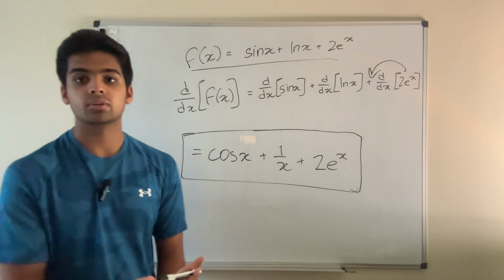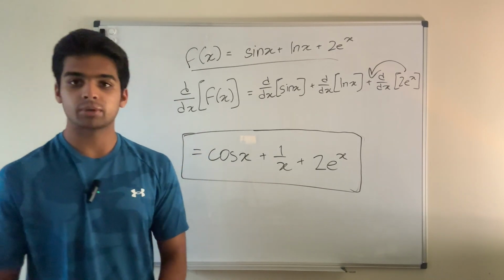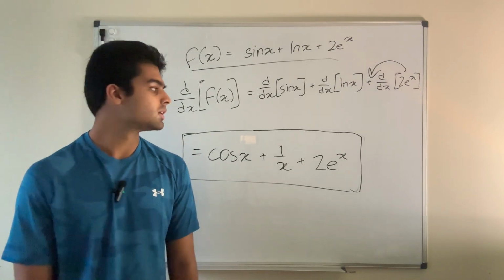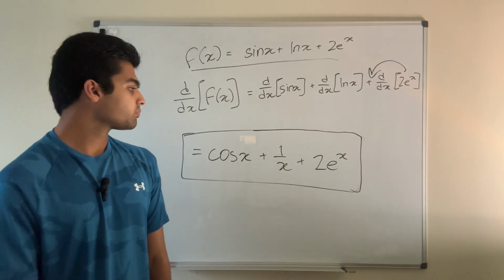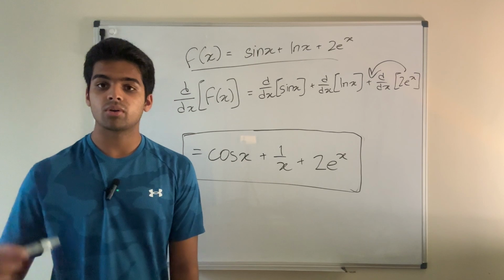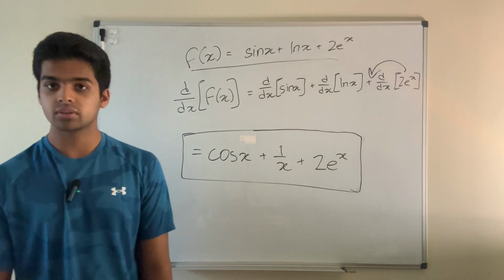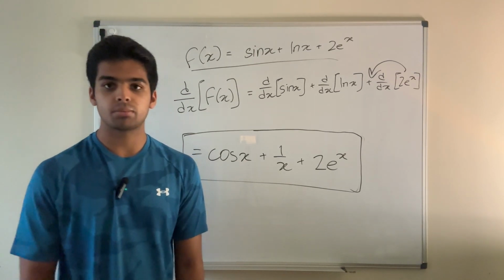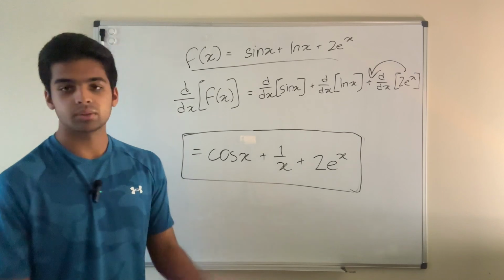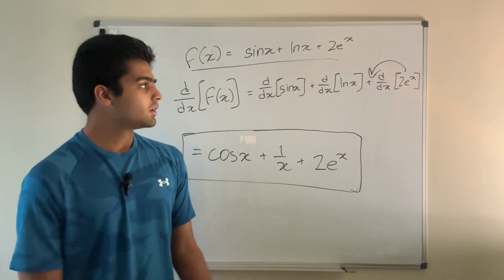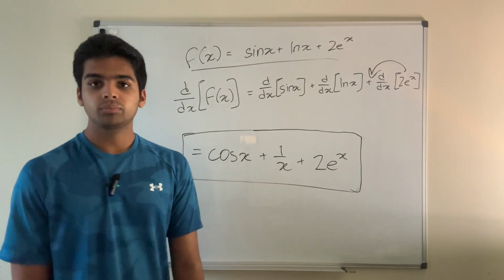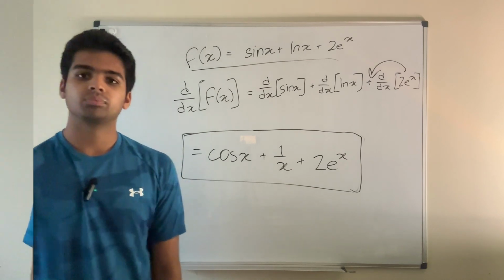I suggest you just memorize them. It'll make your life a lot easier in the class. And definitely also memorize all the properties, like the addition property, subtraction property, constant property, all that, you know? Pretty straightforward. You'll be fine.